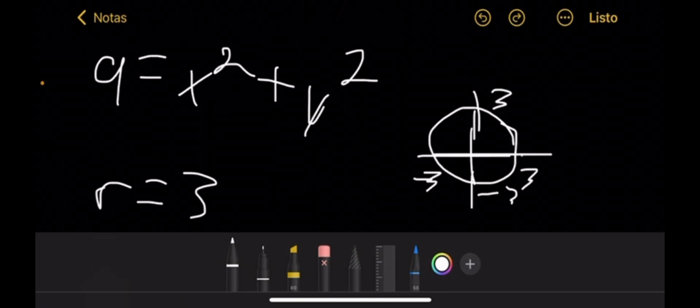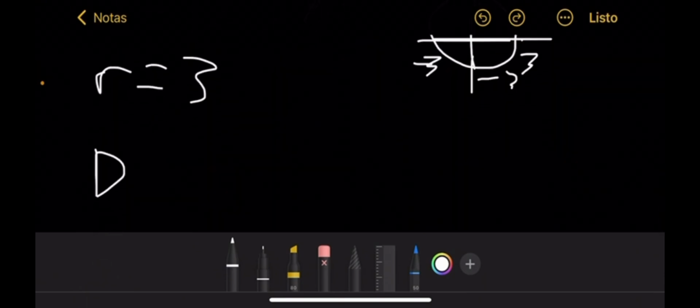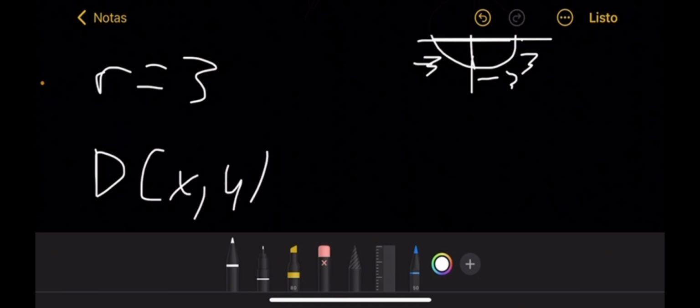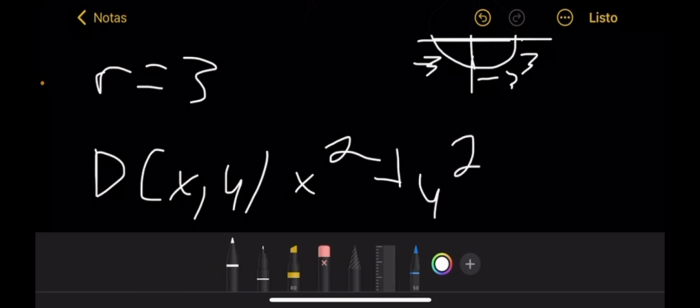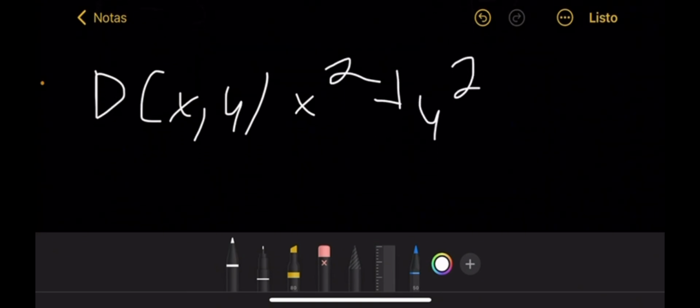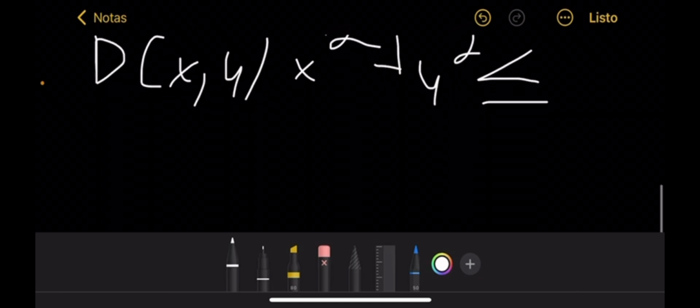The domain goes something like this: D of x, y such that x squared plus y squared is less than or equal to 9.